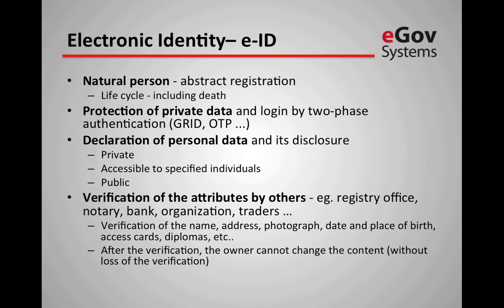That means if some of the data is verified by somebody else, other third parties may be almost sure that the data is correct and valid if they trust the verification authority.